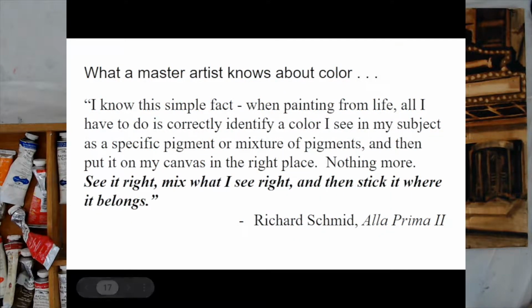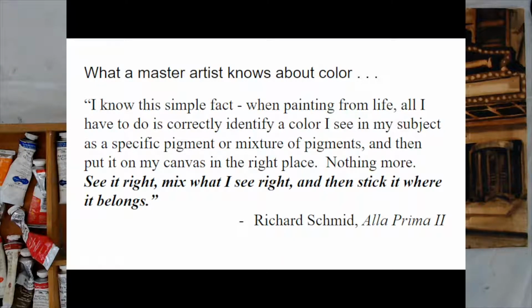And he says, I know this simple fact: when painting from life, all I have to do is correctly identify a color I see in my subject as a specific pigment or mixture of pigments, and then put it on my canvas in the right place. If only, right? Nothing more. See it right, mix what I see right, and then stick it where it belongs. And that's what he says.